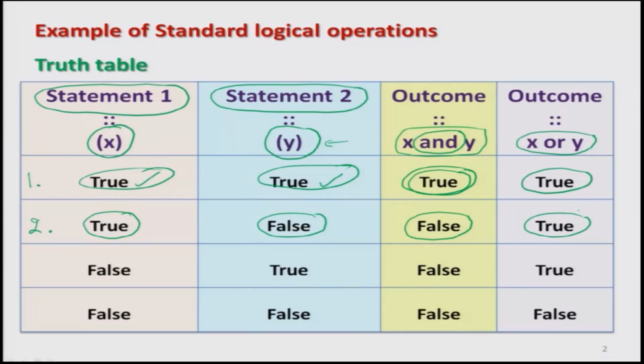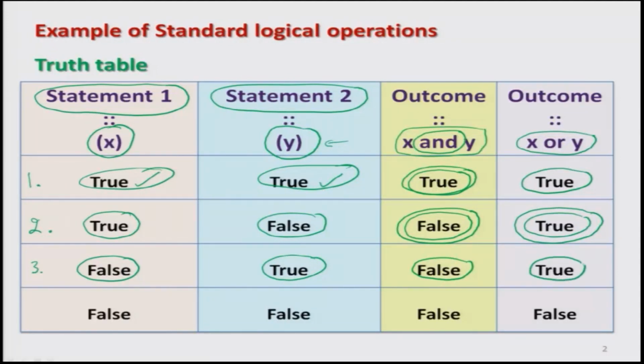In the case of x and y, I am trying to see whether both are true simultaneously, so that is why x and y gives me false, whereas x or y means at least one of them is true, so the answer comes out to be true. The same thing happens in the reverse case, that is, when statement 1 is false and statement 2 is true: x and y will give the answer false and x or y will give the answer true. Case number 3 is simply the complement of case number 2.